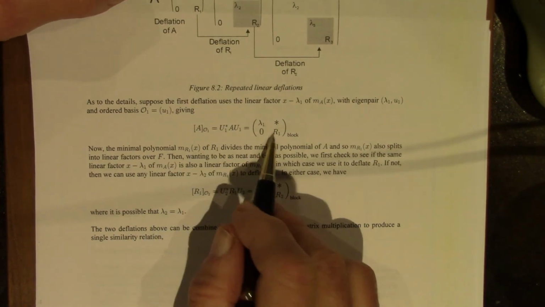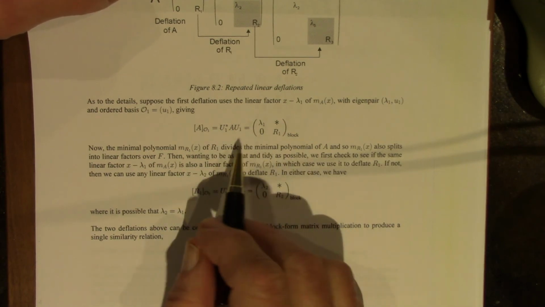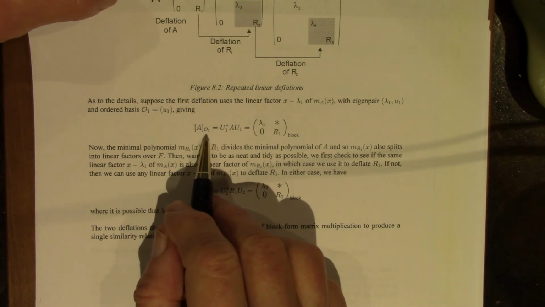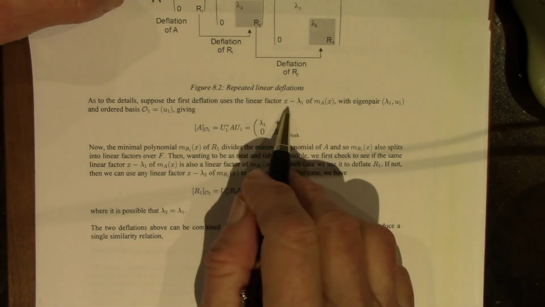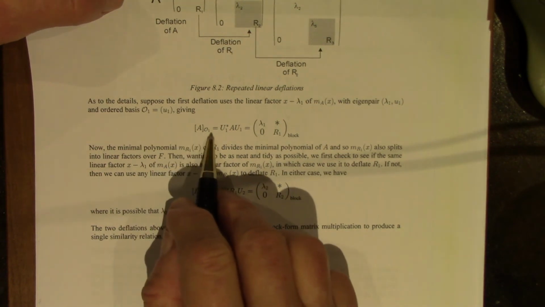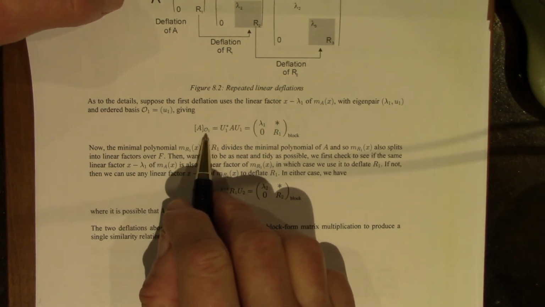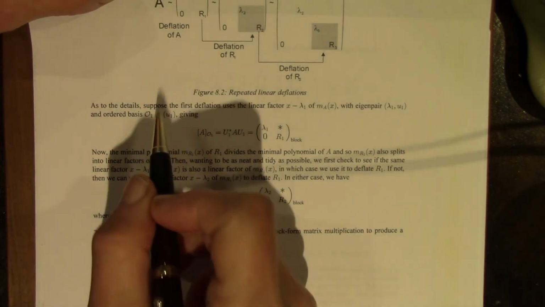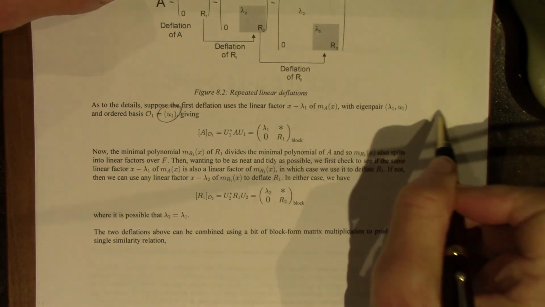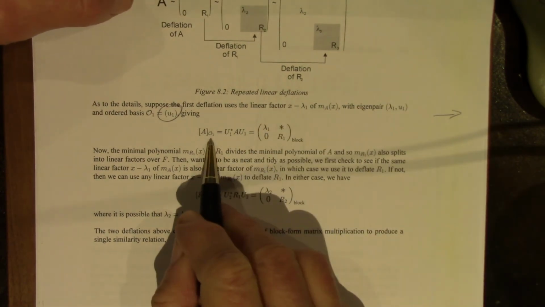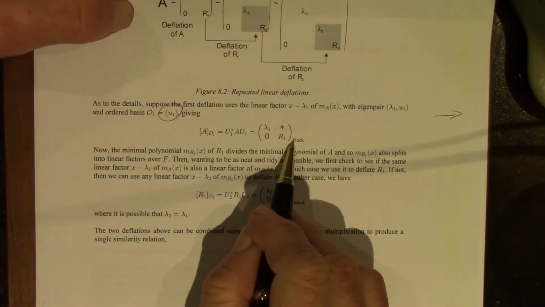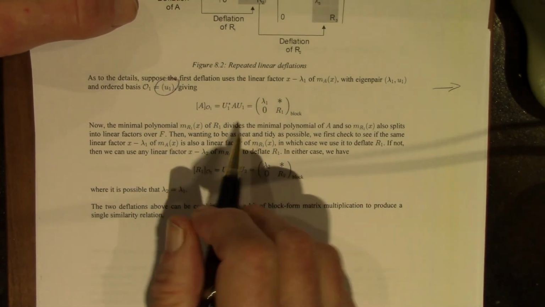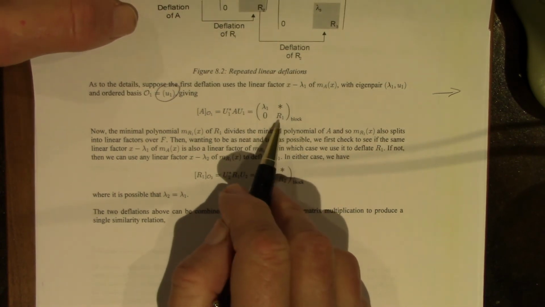So here are the details, basically saying what I just said. Our first deflation uses a linear factor and an ordered orthonormal basis, and we get this first deflation. Now, there is one point here that we have to pay attention to.